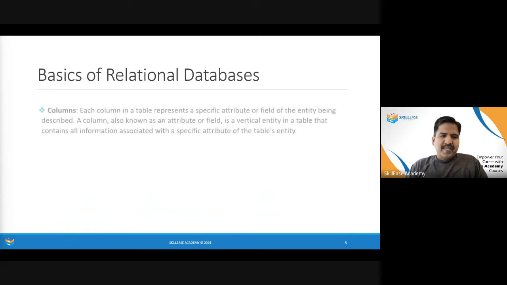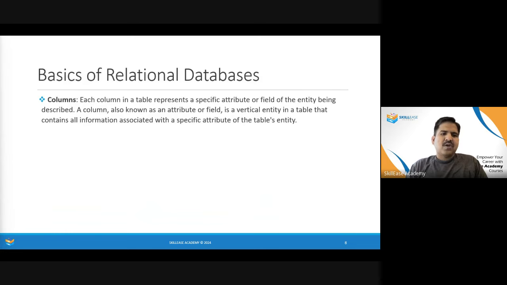Then the next element is a column. A column stores the attribute or field value of a particular entity. So let's say, for example, you have a customer table which has five attributes.